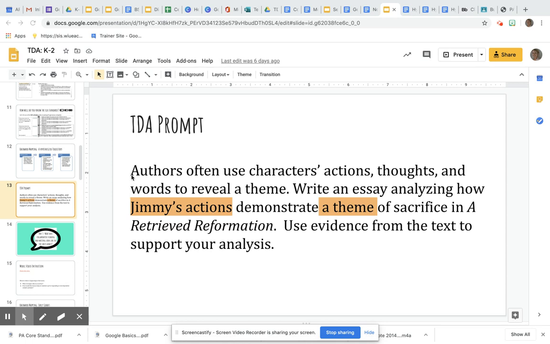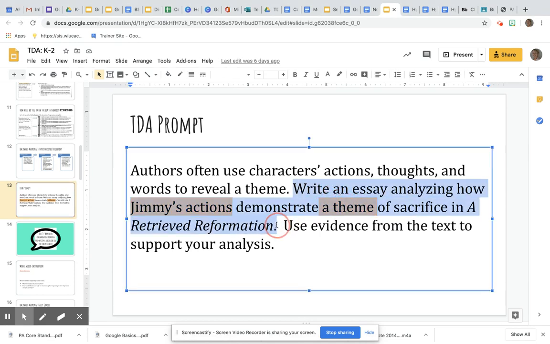So in this formula, the first sentence always is a focus statement. It's going to give the students some information to help focus them. The second statement is the most important. In this second statement, we see the 2 reading elements that students are expected to analyze or to explain a relationship between.